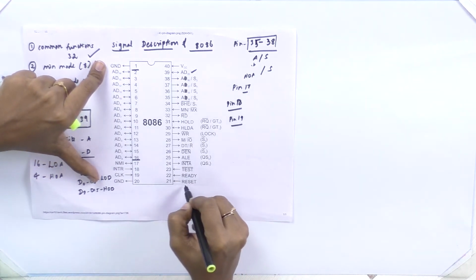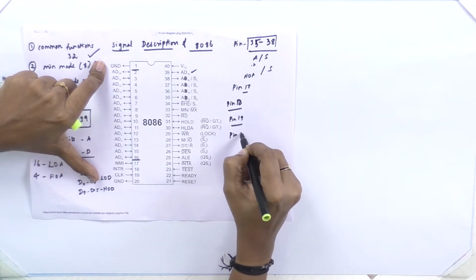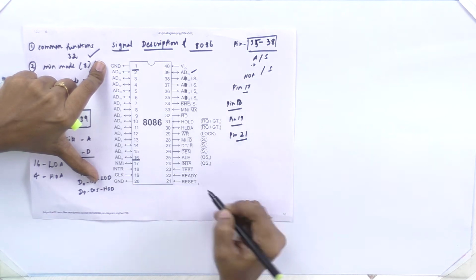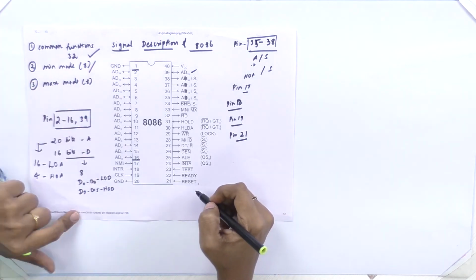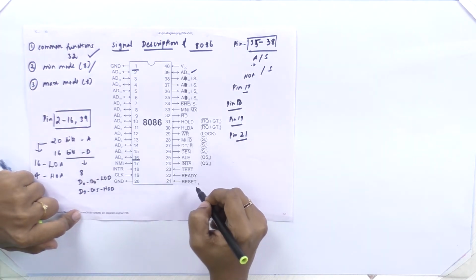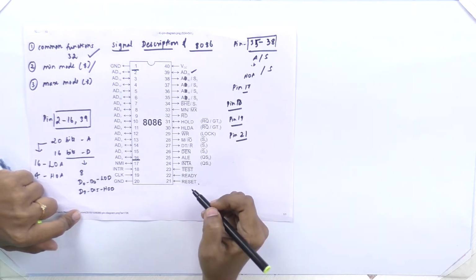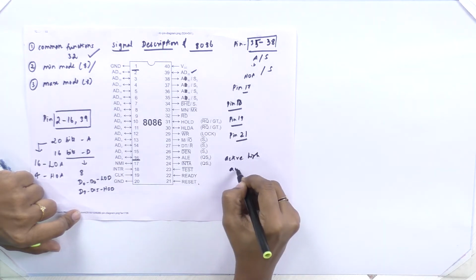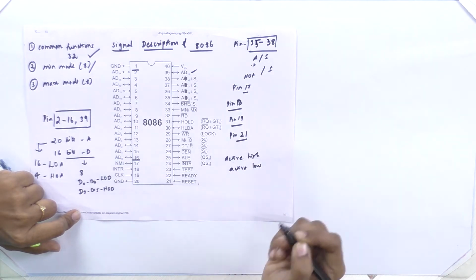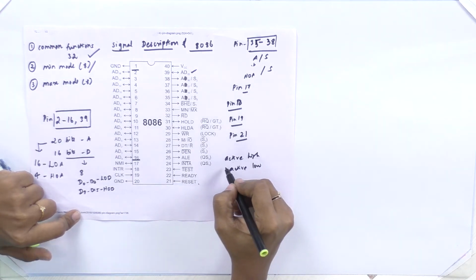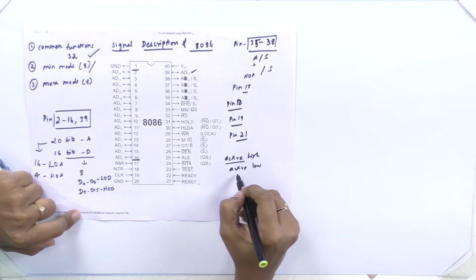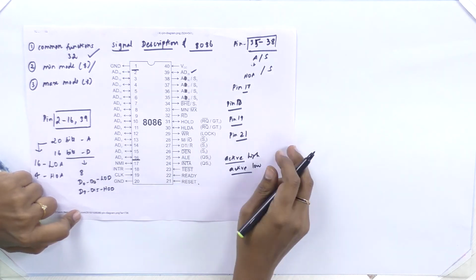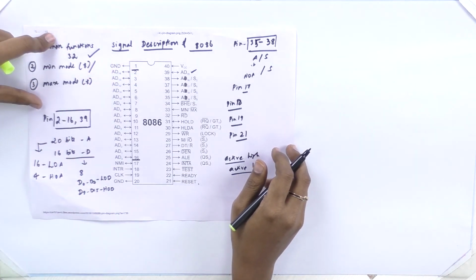And next pin, the 21st pin. Pin number 21 is called the reset pin, and this reset pin is active high. We have already discussed the concept of active high pins and active low pins during the pin description of the 8085 microprocessor.